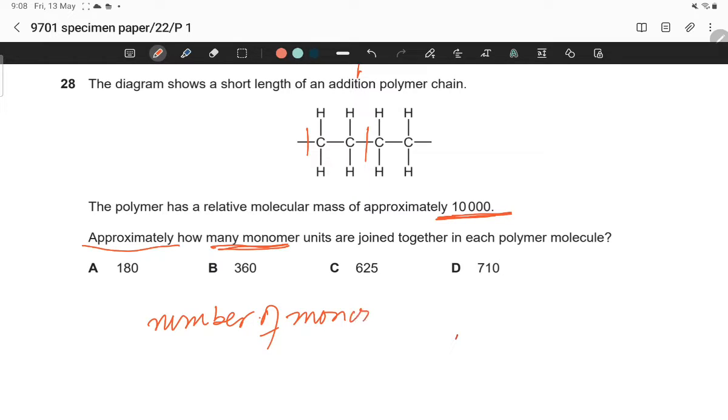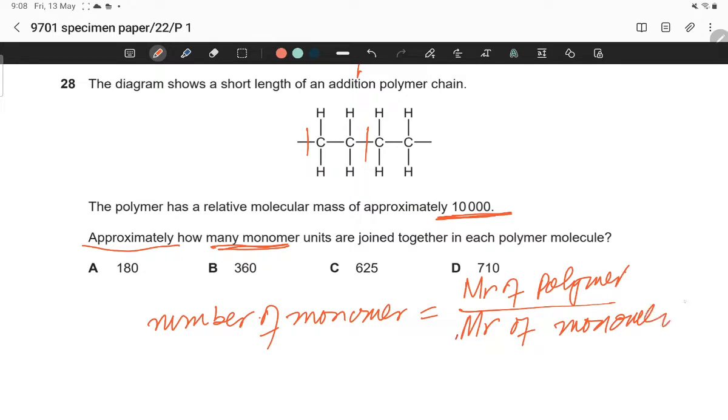Number of monomers is equal to Mr of polymer divided by Mr of monomer. The monomer could be ethene. So the Mr of polymer is 10,000, and the monomer Mr is ethene, C2H4: 24 plus 4 is equal to 28.